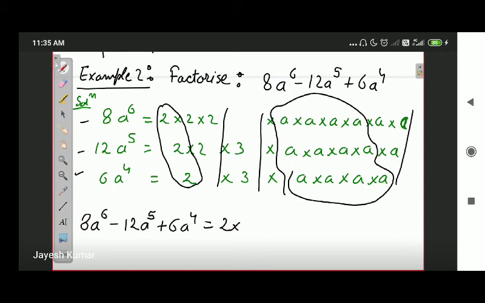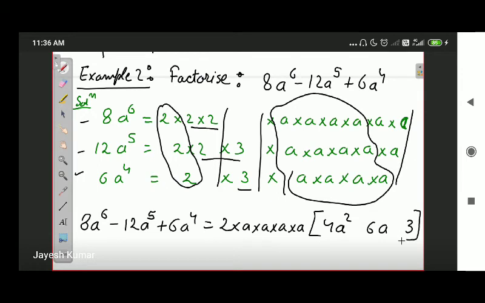So a into a into a into a. What is remaining? In the first expansion we have 2 2s are 4 and 2 a's, that will be a square. In the second expansion we will have 2 into 3, that is 6 and 1 a. In the last expansion only 3 is remaining.